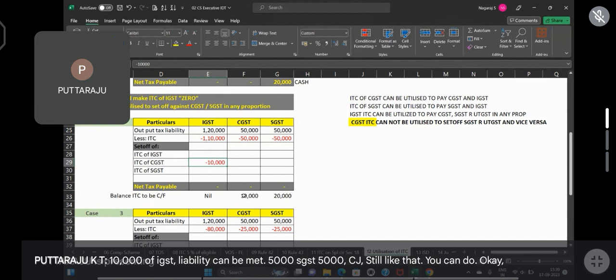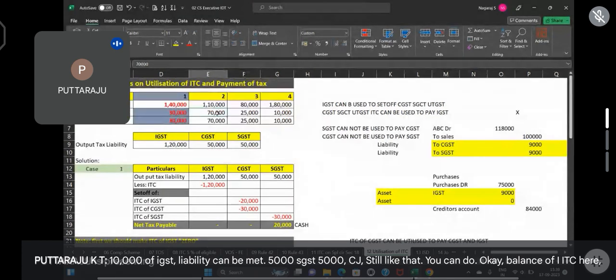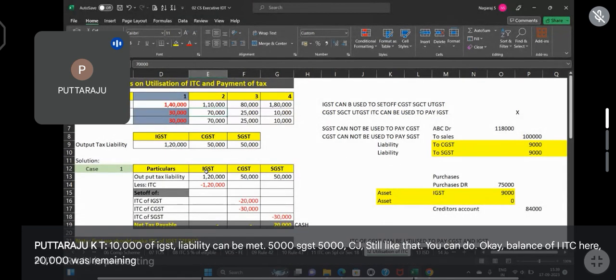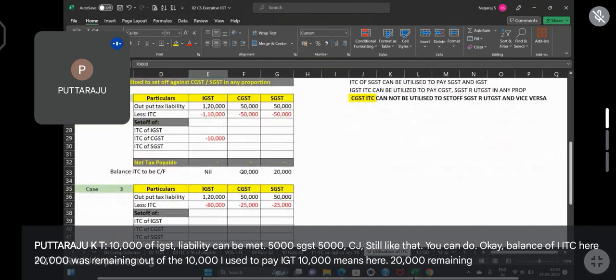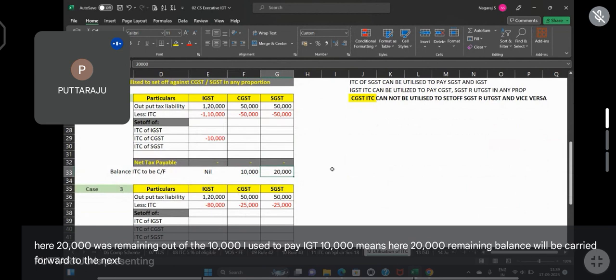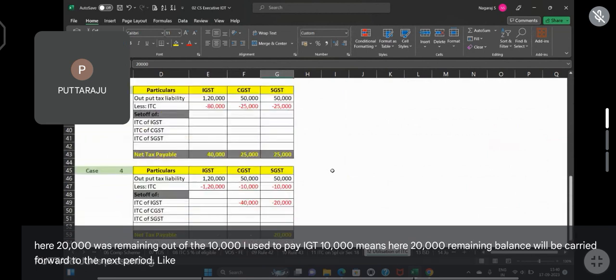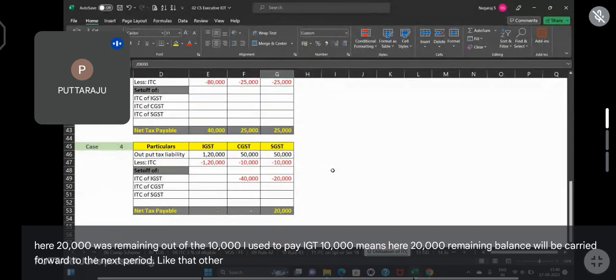Okay, balance of ITC: here 20,000 was remaining. Out of the 10,000 I used to pay IGST, 10,000 remains. Here 20,000 remaining. The balance will be carried forward to the next period. Like that, other scenarios.